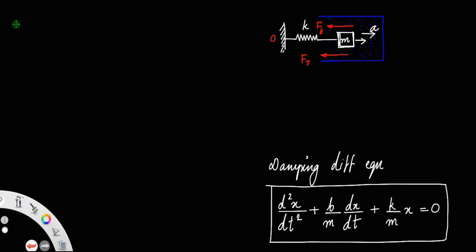Let's say b by m is equal to 2 omega 1. Also, k by m, let's put that as omega 2 square. Let's take b by m equal to 2 omega 1 and k by m equal to omega 2 square.